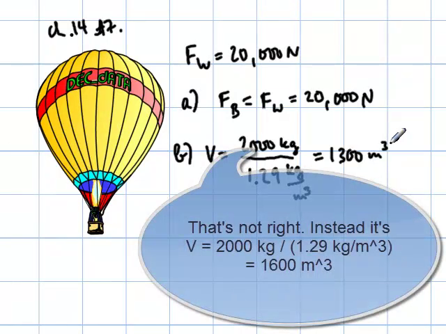This problem is a little bit different than the last one, because here we have a floating balloon, and something that is floating will displace as much air as it weighs. While in the last problem I was submerged in air, and when you're submerged you're displacing as much volume as your own volume is, just like Archimedes' principle says.